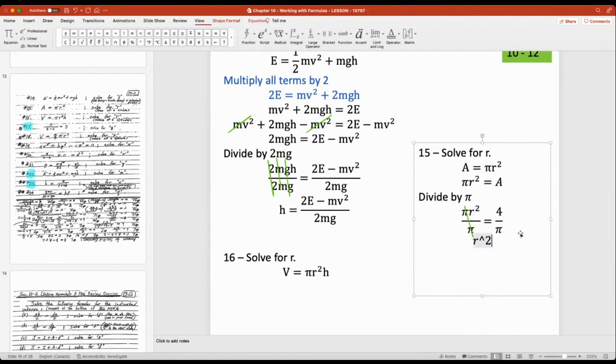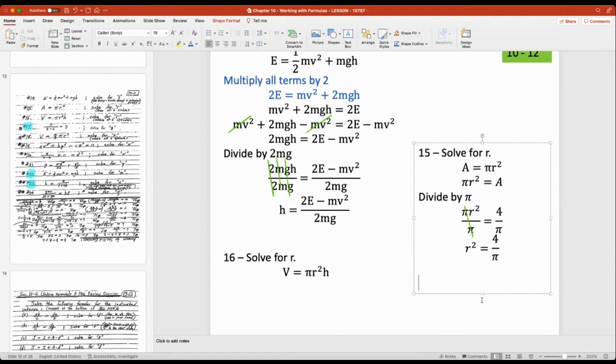Can someone let the class know in the chat, how would you finish this question? How do you get rid of the square? What do I do next? What should we do next? What do you think would be a good idea to get rid of that squared?